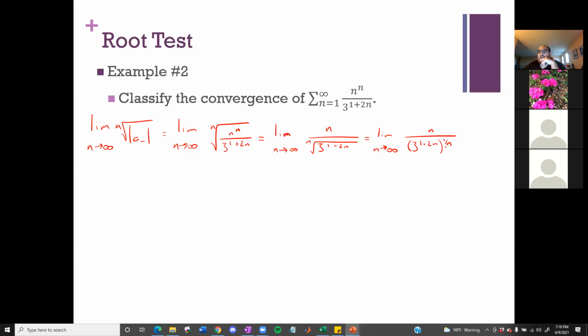Because if I treat this as the power of 1 over n, what happens to that denominator? Basically, what's my new power on 3?